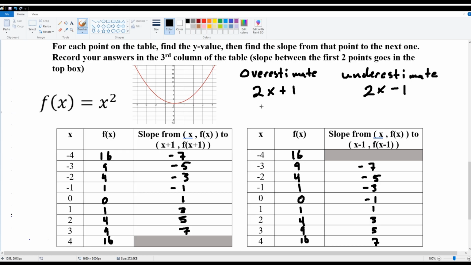So we have our overestimated slope equation from our x plus 1 table, which is 2x plus 1, and we have our underestimate from this table, which is 2x minus 1. Again, what we figured out in our previous lesson is that we could get any of these slopes here to be the accurate slope at any of these points by taking an average of the two things we found, adding them up and dividing by 2.